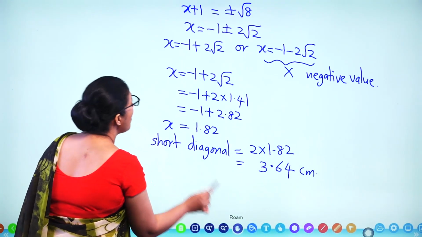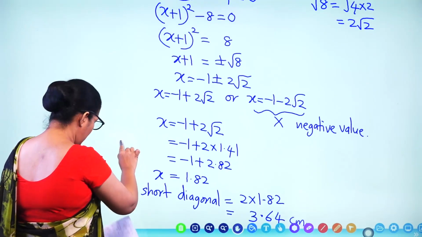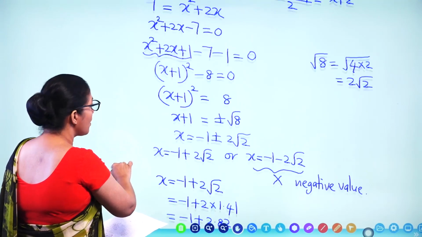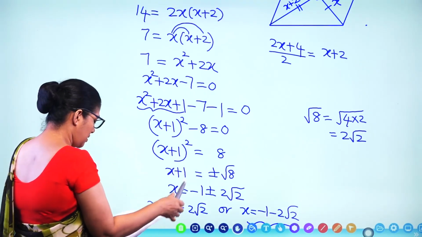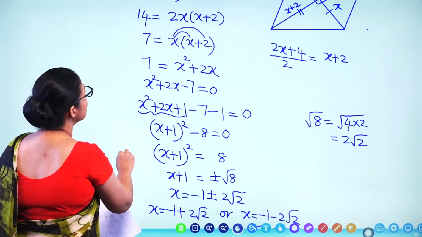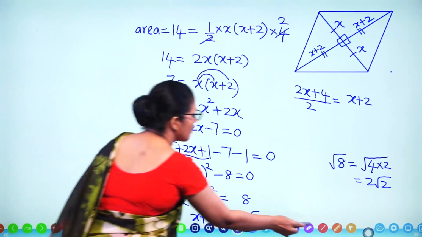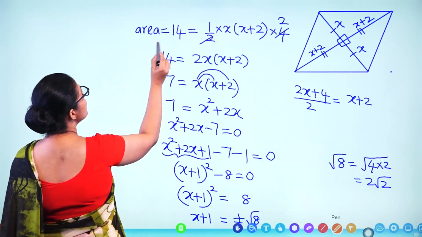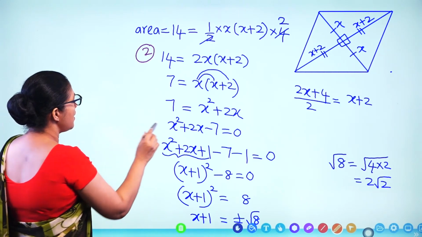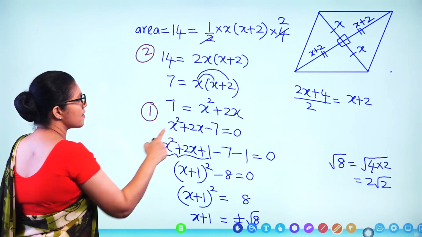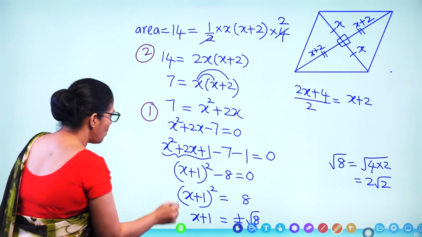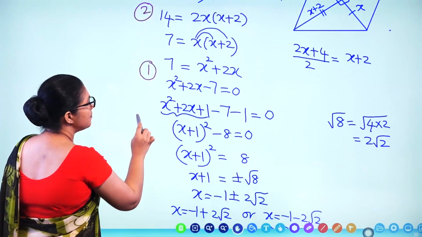Now we have to give marks for the whole question. So let's see how many marks you are getting. The whole question is 10 marks. We'll give 2 marks for writing down the equation. And up to this point, we'll give 3 marks, so show that x squared plus 2x minus 7. Now, completing the square method.